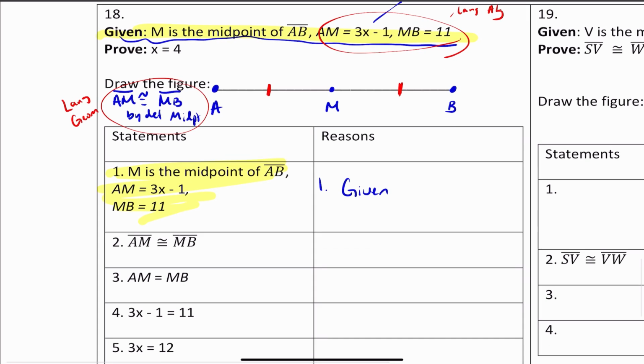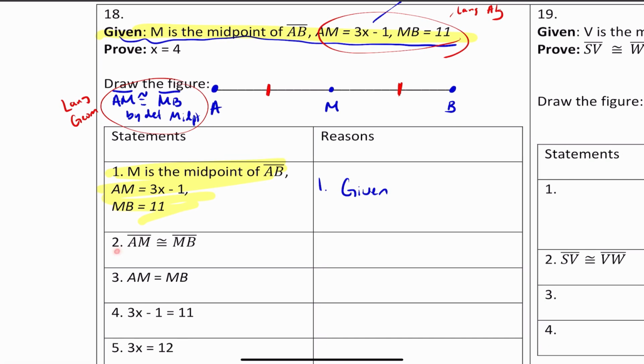Then number 2: segment AM is congruent to segment MB. Why? Well, we know that M is the midpoint of segment AB, so this is by the definition of midpoint.